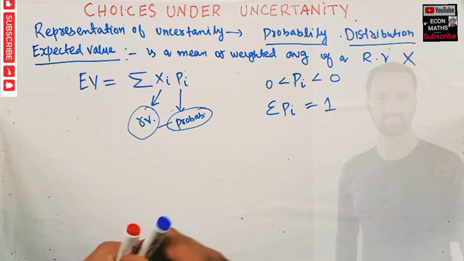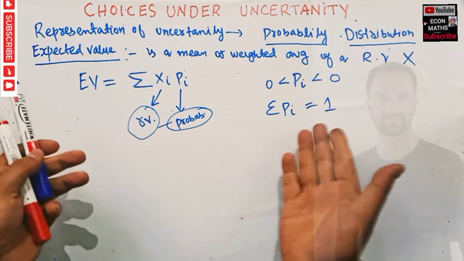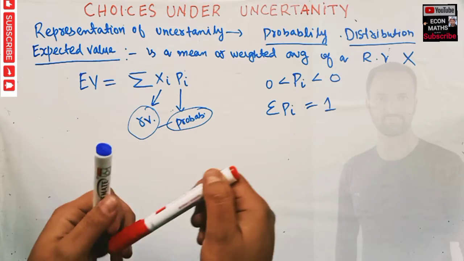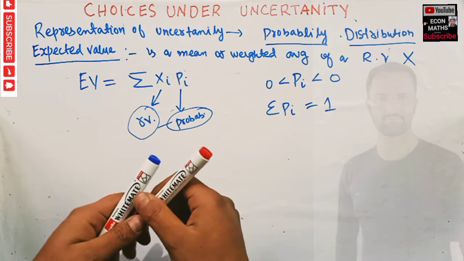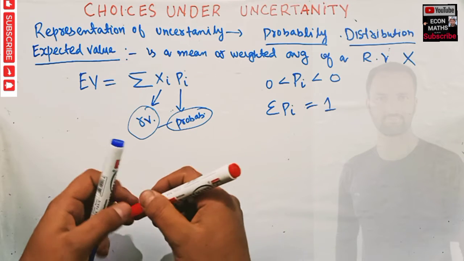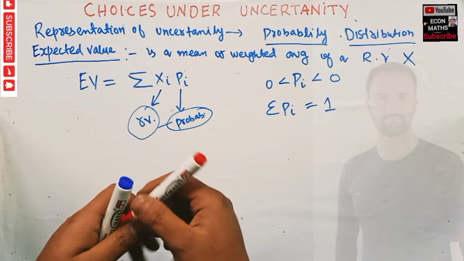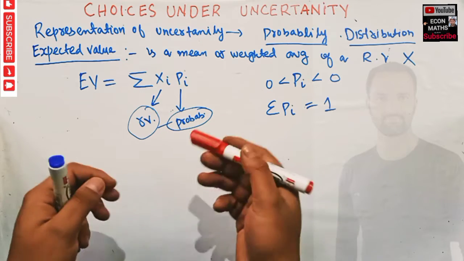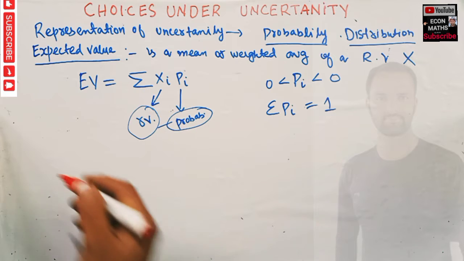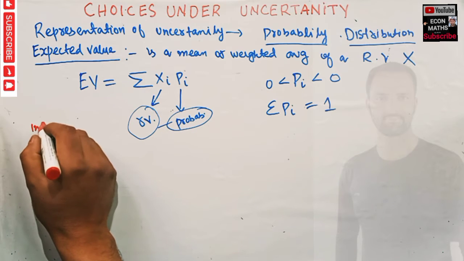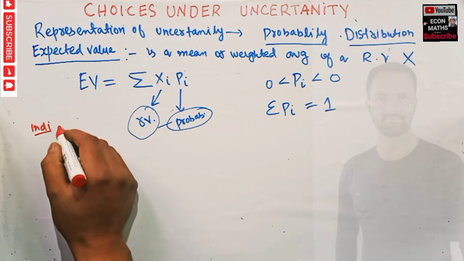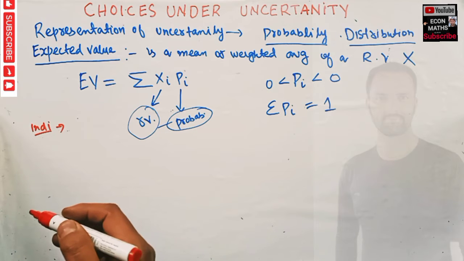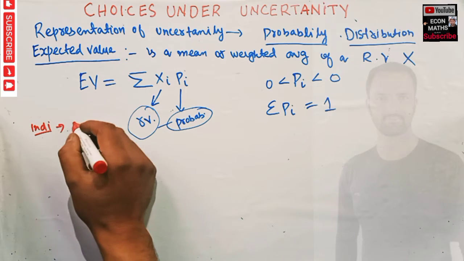Now let's talk about an example to make sense of what we have talked about here. Let's take an example of an individual's salary hike. Let us say we have an individual and we want to see his salary hike.